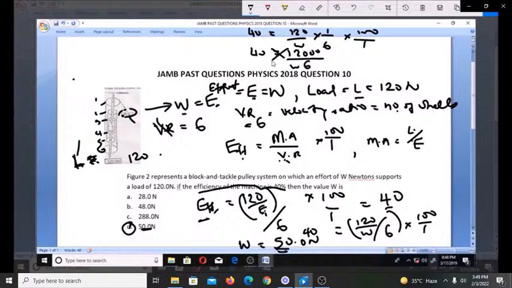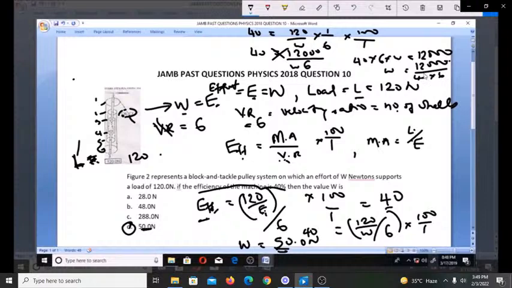So when you cross multiply, you have 40 times 6 times W is equal to 12,000. So make W the subject, you have W equal to 12,000 all over 40 times 6.